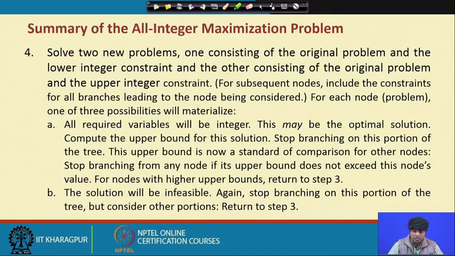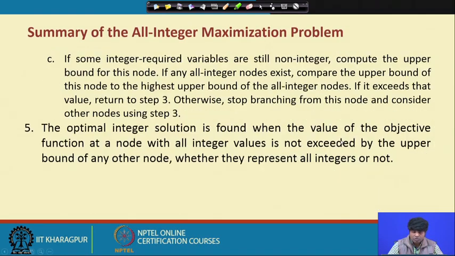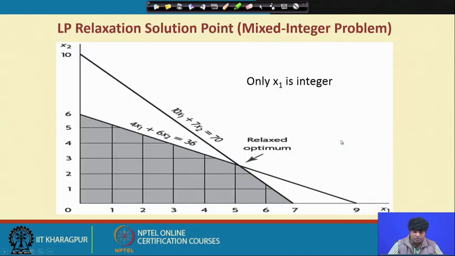So, this is how the structure works. The other aspect of integer type solutions is that you may have pure integer type, mixed integer type, and then 0-1 integer type, which we have already discussed. In the case of mixed integer, some variables are integer type and some are not necessarily integer type.